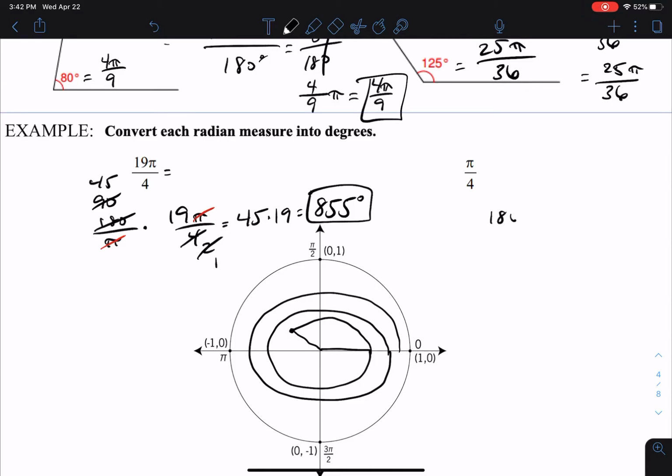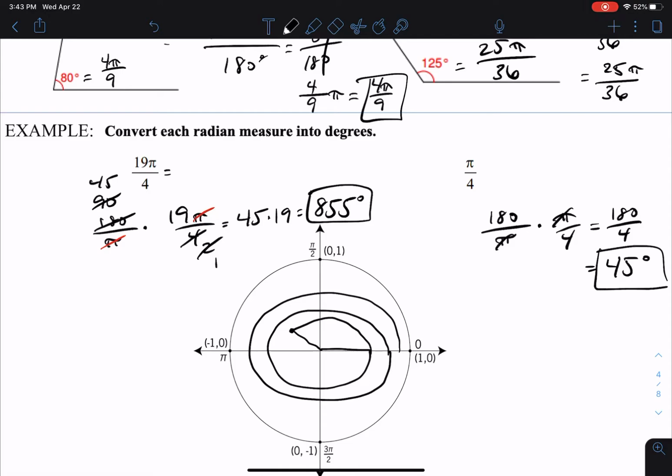And then the next one: 180 over pi times pi over 4. The pi's cancel out, and I get 180 over 4. 180 divided by 4 is 45 degrees.